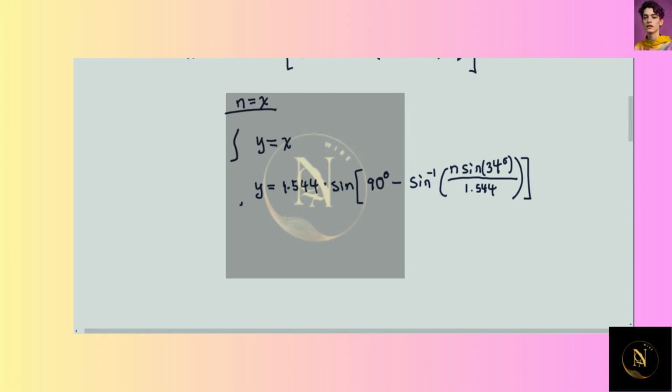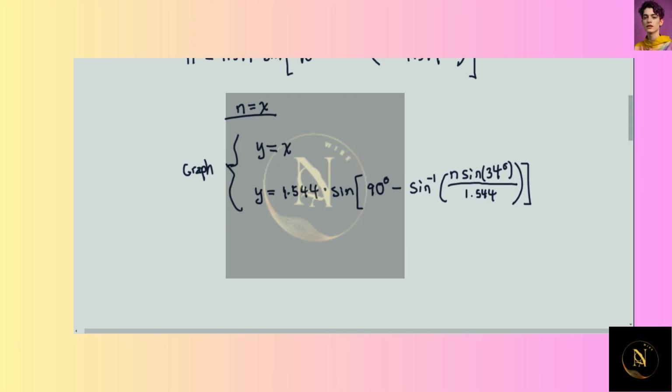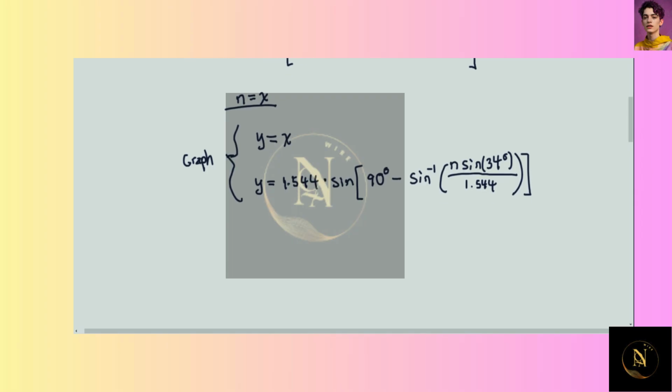And then we graph these both onto your preferable graphing program, either a calculator or from the internet. And our intersection will reveal an x component. The intersection between these two equations would reveal an x component, which would have n equals 1.35.